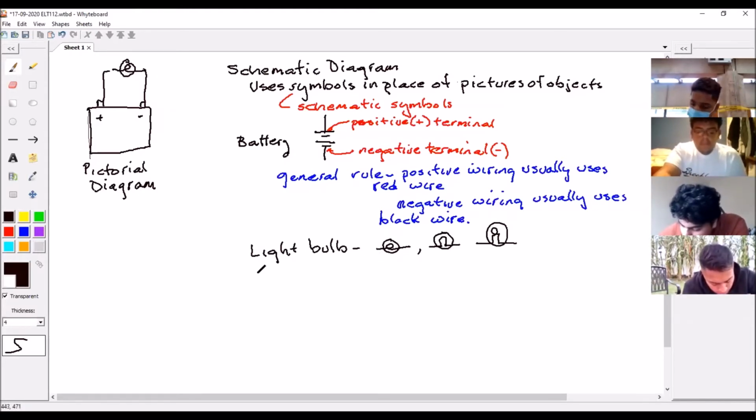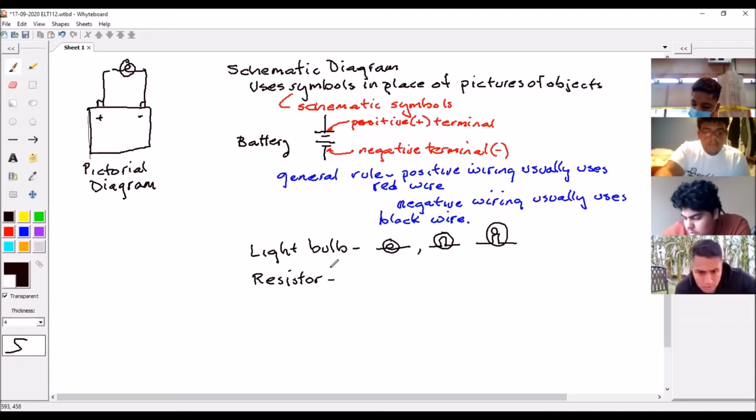Okay. One of the other components that we're going to talk about is a resistor. Now, the textbook has a whole boatload of different kinds of resistors. I'll give you a minute to jot this down, and then I'm going to share a different screen just to show you some of the different kinds of resistors. You looked at them. Did you measure them in lab the other day? Yes, we did on first day.